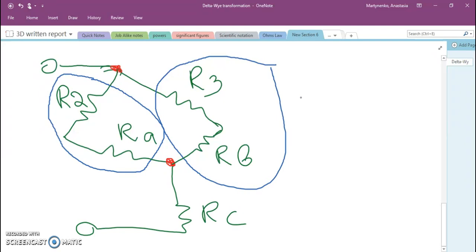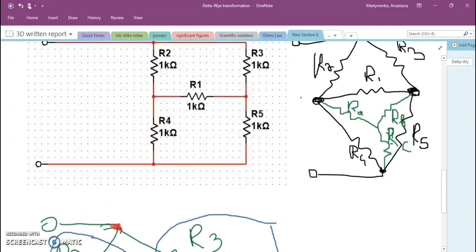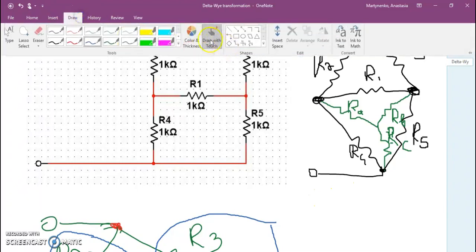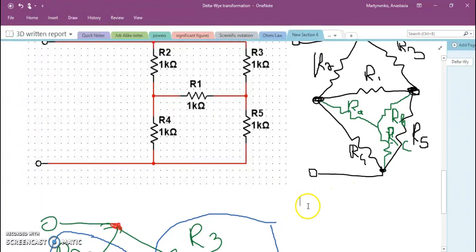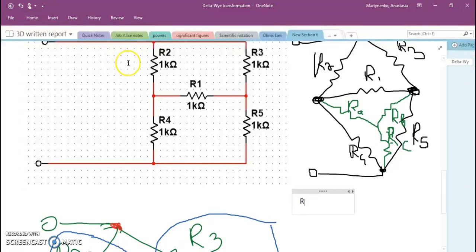So all I need to do is plug in the formulas. There is really nothing more to it. So let me plug in my formulas. So first, let's find my RA. So RA is this one. It's in between R1 and R4.